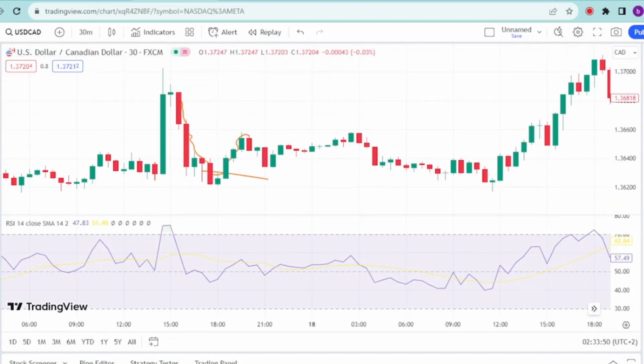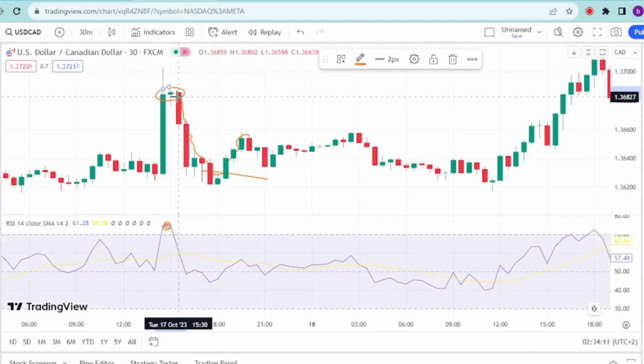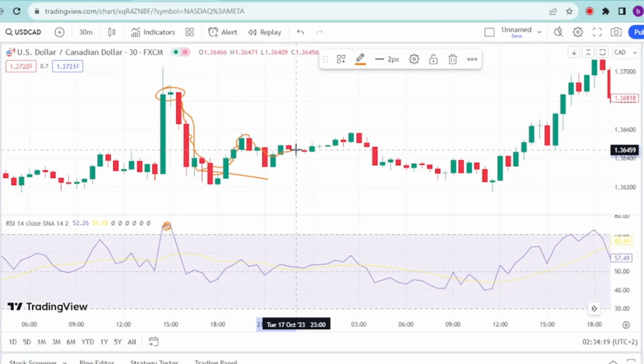And also, the reason why there was a bearish retracement here was because there was an oversold zone printed on the RSI. Hence, there was a little bit of selling entering the market.